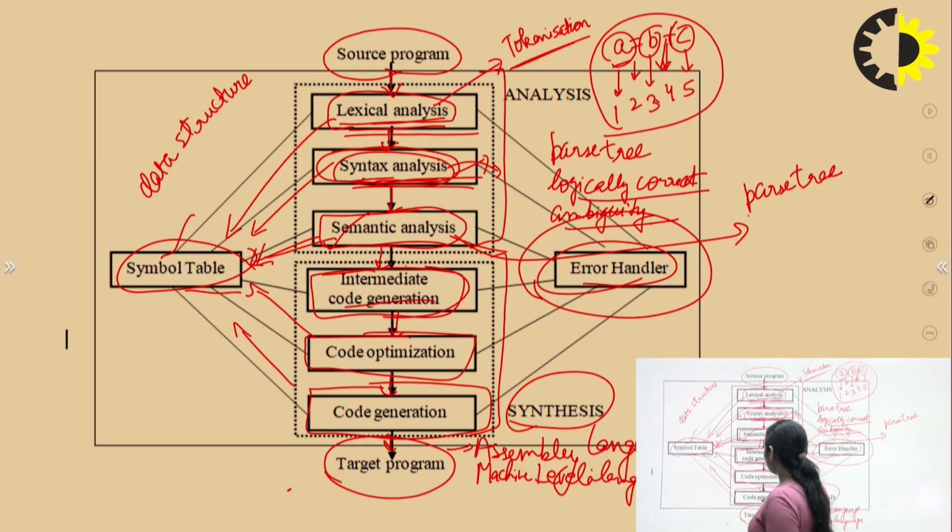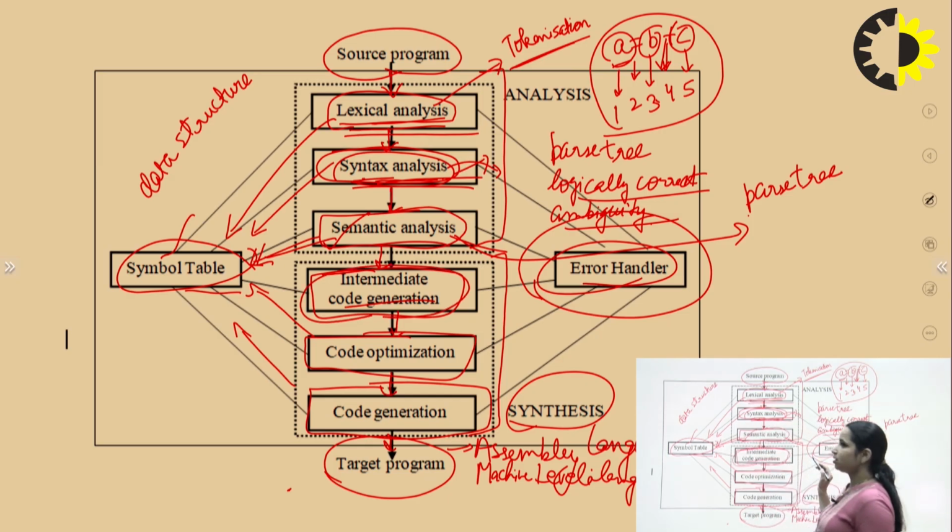In intermediate code generation, what we do is develop the intermediate code, like in the form of registers and all. What do we do in code optimization? We reduce the number of lines of the code.